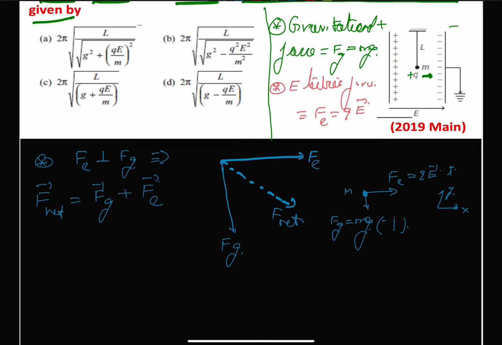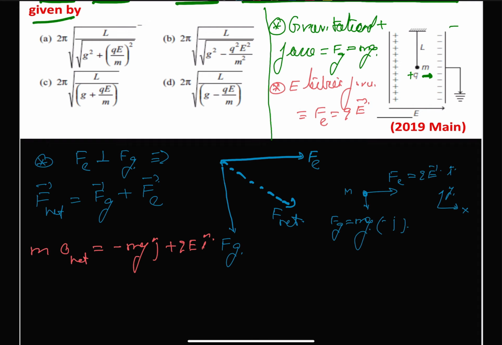So we can say that our mass into our net acceleration will be equal to this, our mg, plus our qE multiplied by i. And we are mainly interested in the magnitude part.